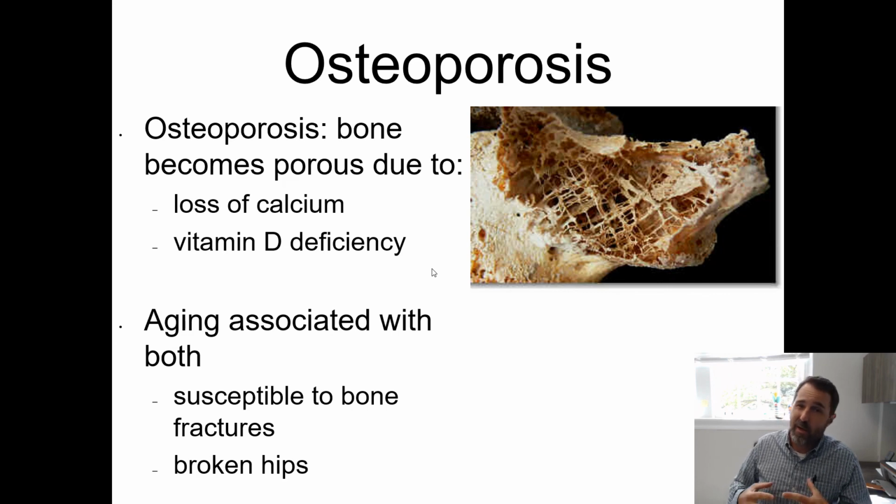And basically what osteoporosis looks like is you don't know you have a problem until you trip and you fall and you break like 10 bones in your body. So it makes the bones very fragile and brittle.